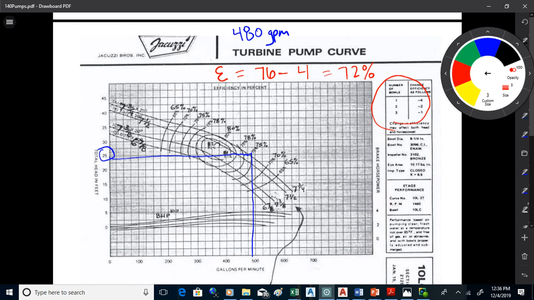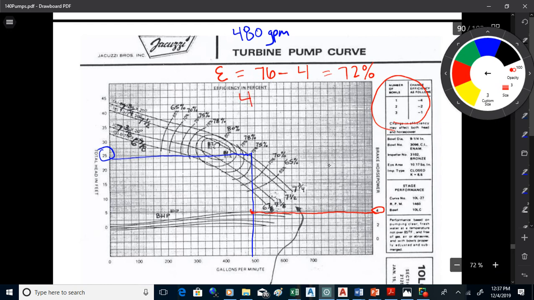And then the last thing here, we're going up, we hit that line. That's the brake horsepower line. Now notice there's 4 impellers and there's 4 brake horsepower lines. They match, okay? So we go up till we hit the top brake horsepower line, then we take it on over. There's our brake horsepower. So you've got to pick the brake horsepower line that matches the impeller line that you're on.